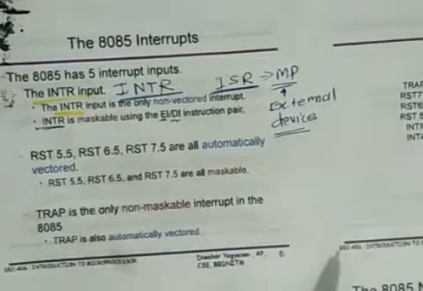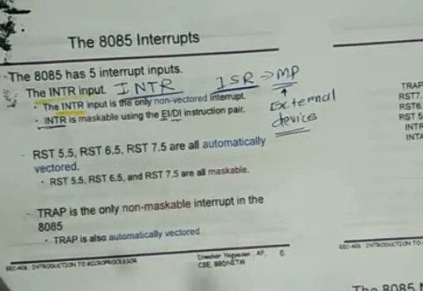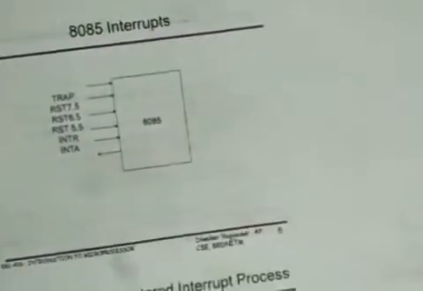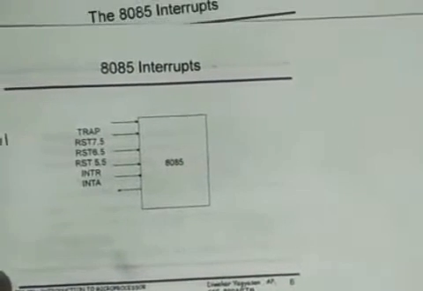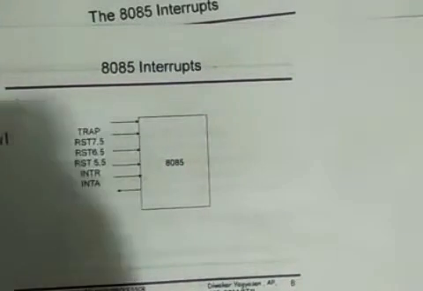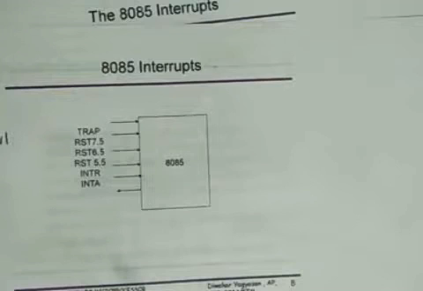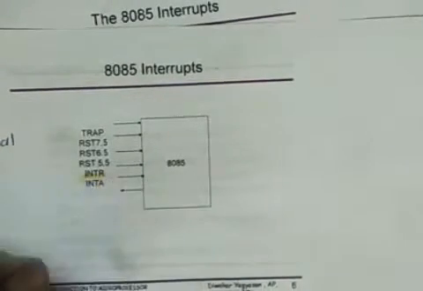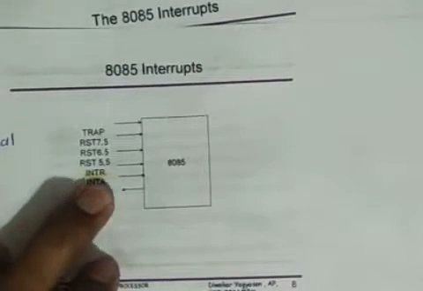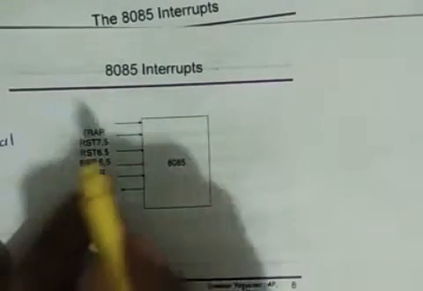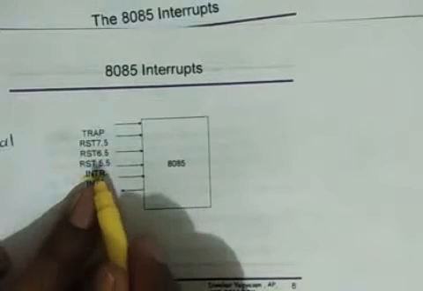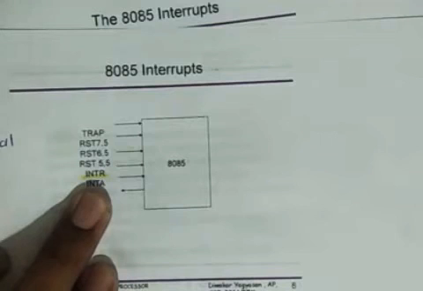So here we can see the interrupt pins of the microprocessor. The first one that we have seen is the INTR interrupt, and then TRAP, RST 7.5, RST 6.5, RST 5.5.